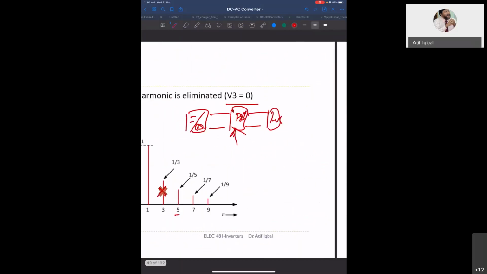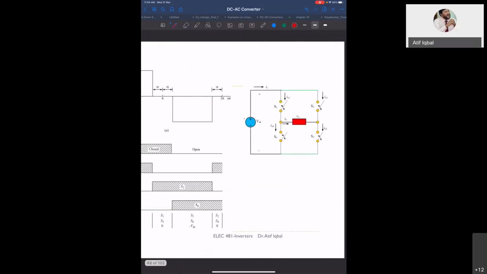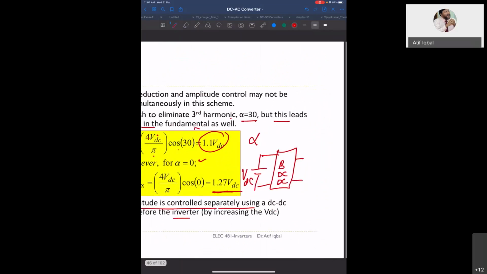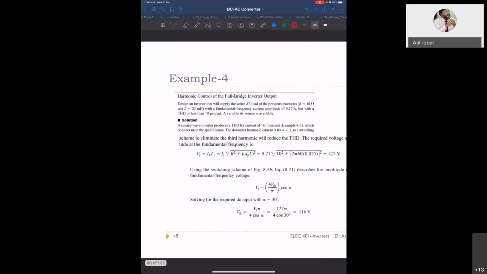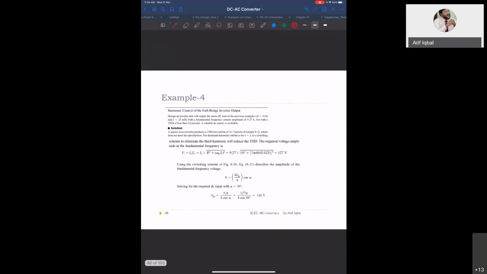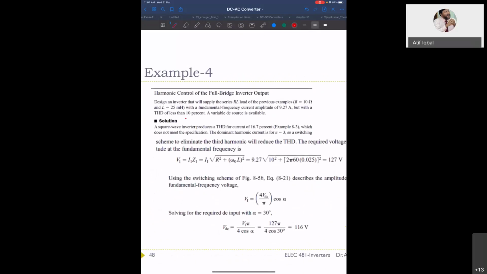Now, in this question, it is asked to reduce the current total harmonic distortion to less than 10%. So this is our goal. How can we achieve this?